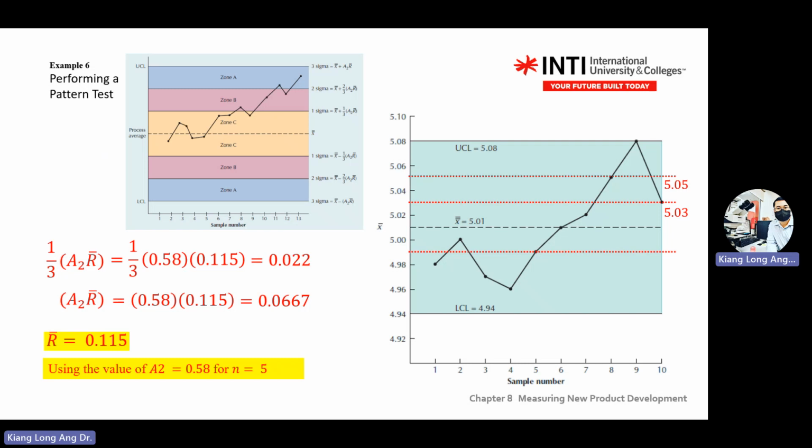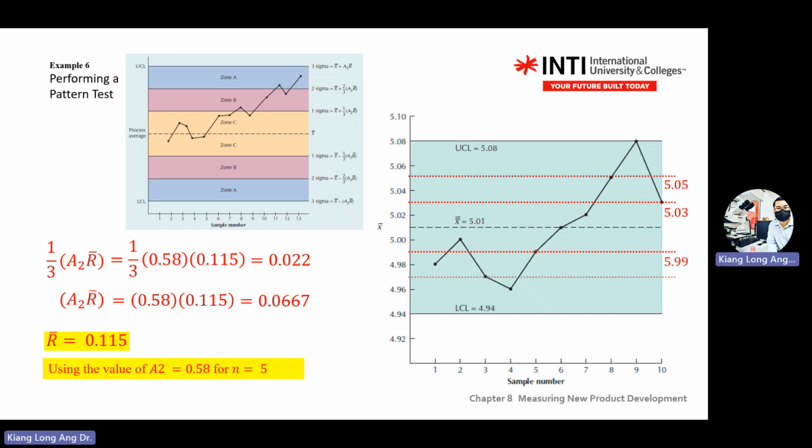The 2R here is about 0.06, so it's about there. Take this 0.06, plus 0.01, and you get about 5.08, about there.